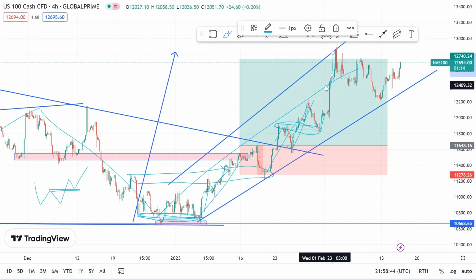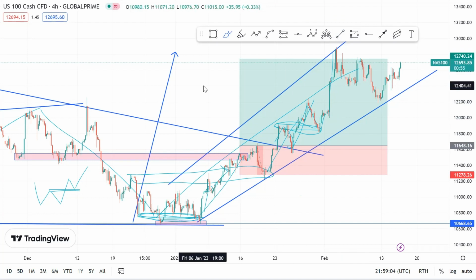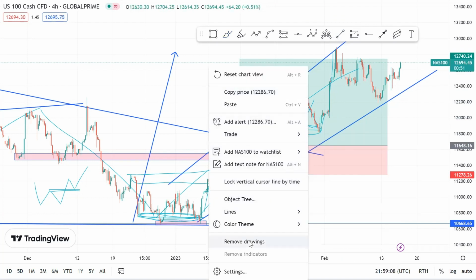And remember guys, I think this point here, yeah, this was CPI, which helped us a lot into being profitable on the US 100. So using this strategy guys, let me remove all these things so you can see everything properly.